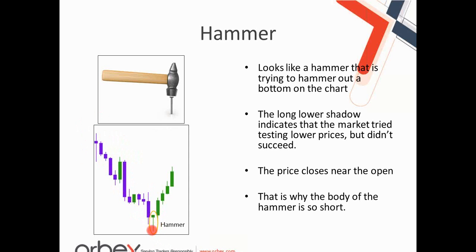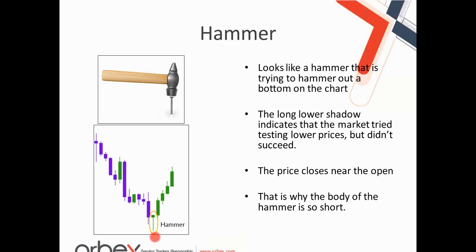What happened over here? The market was going down all the way, and suddenly it's not able to close lower. It tests all these prices over here with the shadow, and then it actually closes above the opening price in that time period. Okay, so that shows that the market is no longer interested in being bearish anymore.